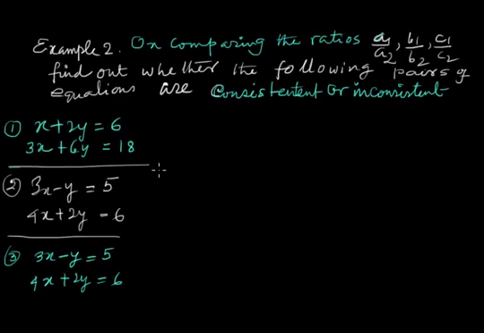Next question is on comparing the ratios A1 by A2, B1 by B2, C1 by C2 to find out whether the following pairs of equations are consistent or inconsistent. So now we'll see where A1 by A2 is equal to 1 by 3. B1 by B2 is equal to 2 by 6, which is 1 by 3.